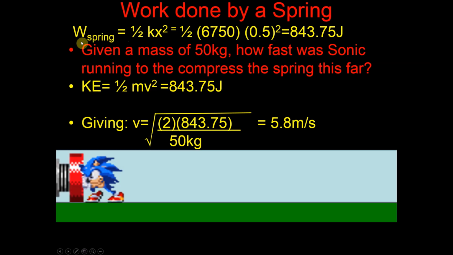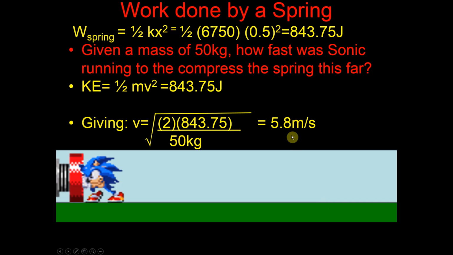The work done to our system in this case was the work done by the spring, going to compressing the spring, of 1/2 kx squared. The kinetic energy he brought to the party was 1/2 mv squared. So our equation in terms of energy would be 1/2 kx squared equals 1/2 mv squared, and then you can rearrange for v and get an answer.